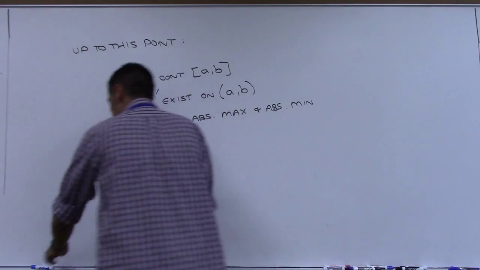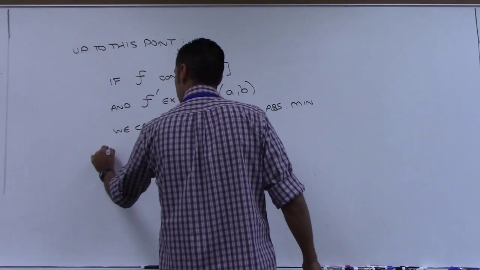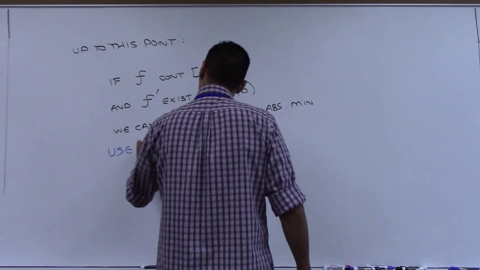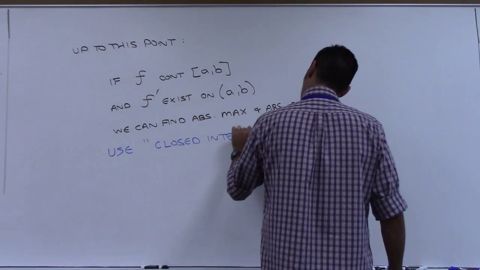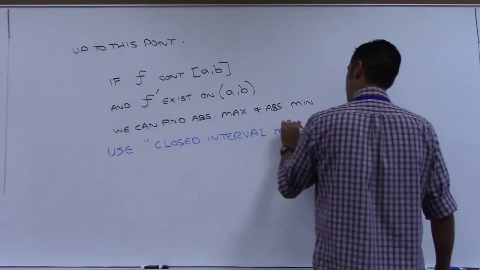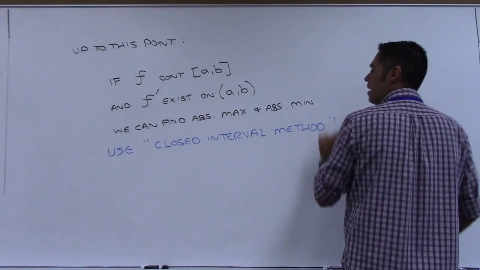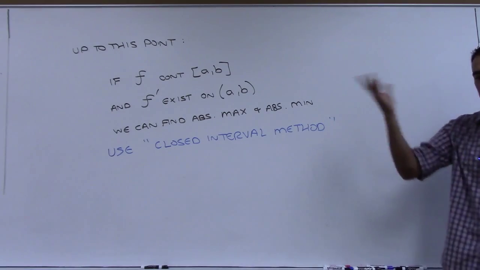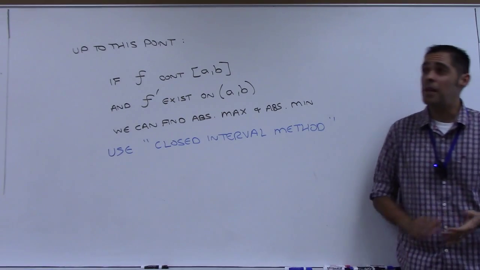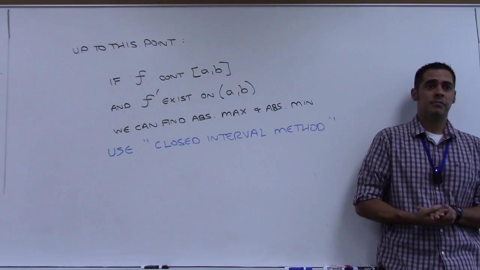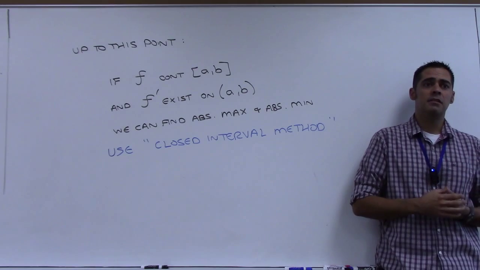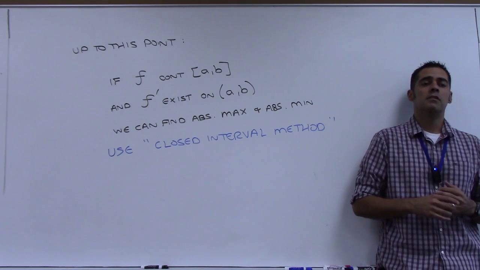To do this, we used the closed interval method. Let's see if we can summarize it just by speaking it out. I'm not going to write it down, but what is the closed interval method? How do you do it again? Take the derivative. Check the domain. Then solve for x.